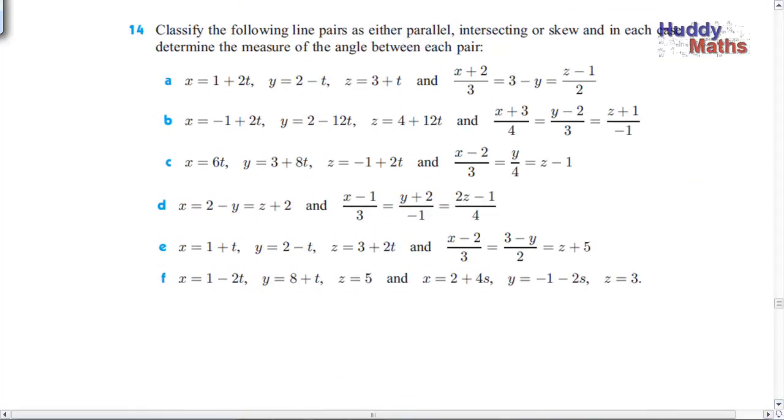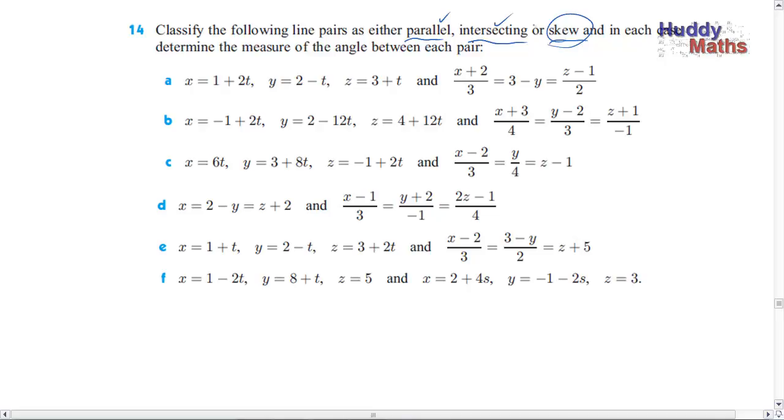Okay, so here's question 14. Going through them, just remember, if you want to show parallel, intersecting or skew, you can only show skewness by this one not being true and this one not being true. So you've got to check, are they parallel, a system of elimination, basically.